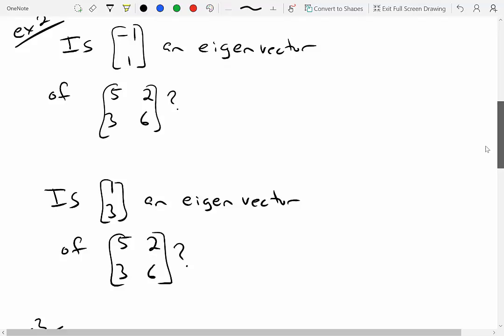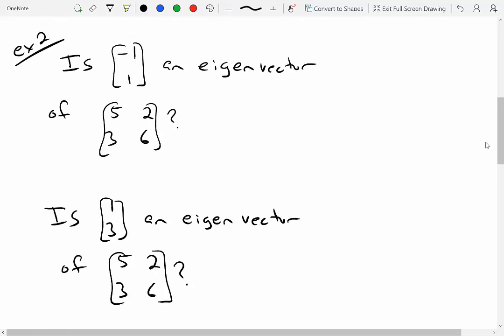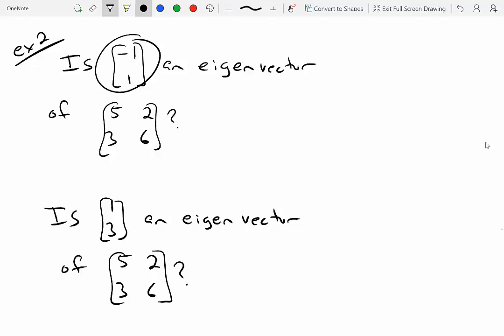Okay, so what if I give you a similar idea, here's a different matrix, and now asked you about whether or not these things are eigenvectors. If this is an eigenvector, it must satisfy the eigenvector eigenvalue equation, which is that A times x is equal to lambda times x. I don't really need a calculator for this one. I'm going to take the matrix 5, 2, 3, 6, and multiply it by the vector -1, 1.